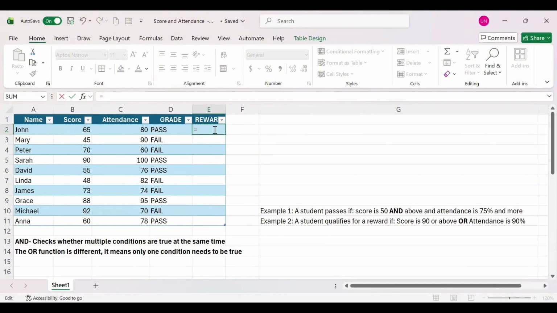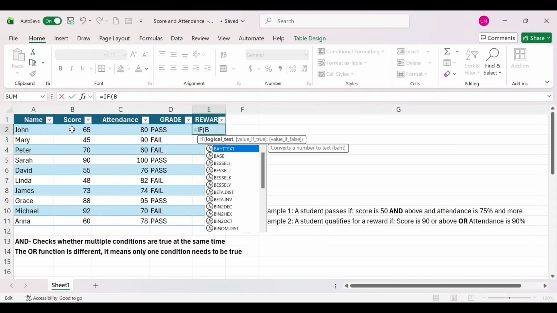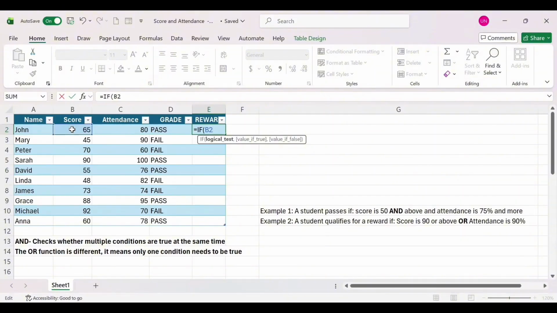So equal to if B2 is greater or equal to 90. So if John's score is greater than 90 or equal to 90, I'm going to put comma because I want to put the second logical test in it, because we're working on two criteria, two conditions.